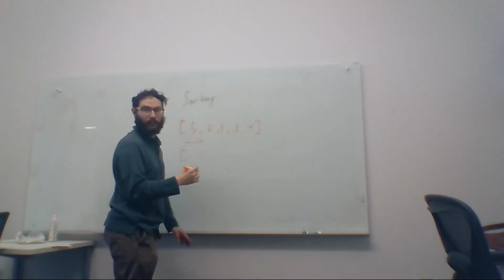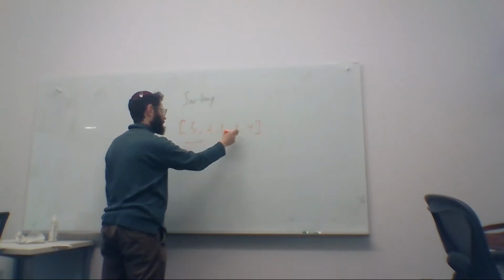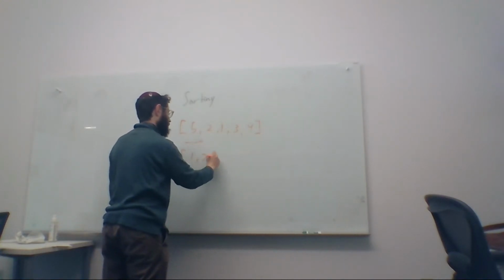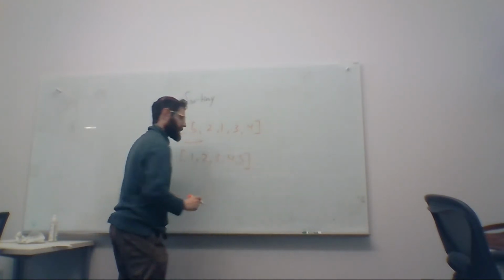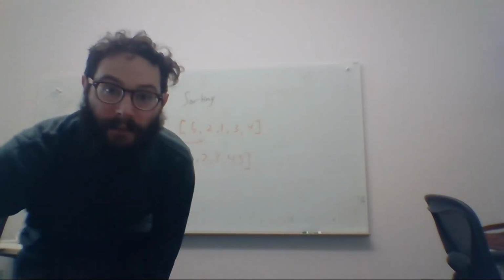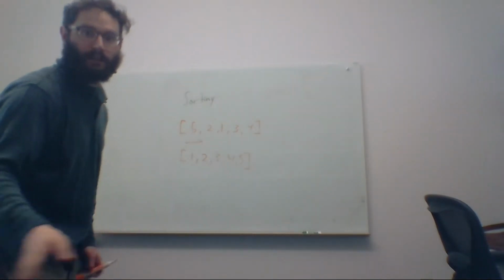And by order, I mean from the smallest thing to the largest thing. So when we sort 5, 2, 1, 3, 4, we want 1, 2, 3, 4, 5.